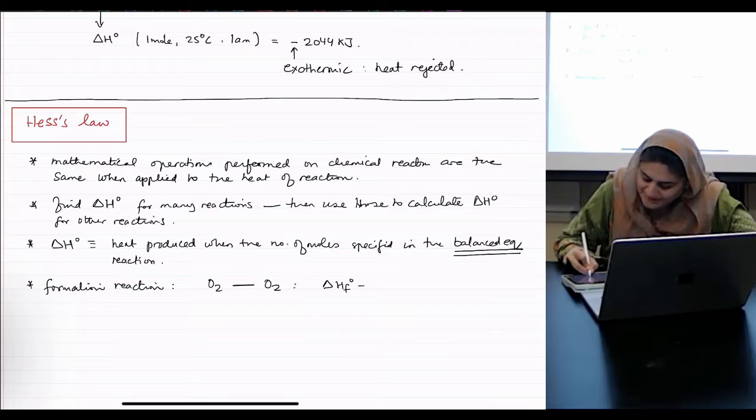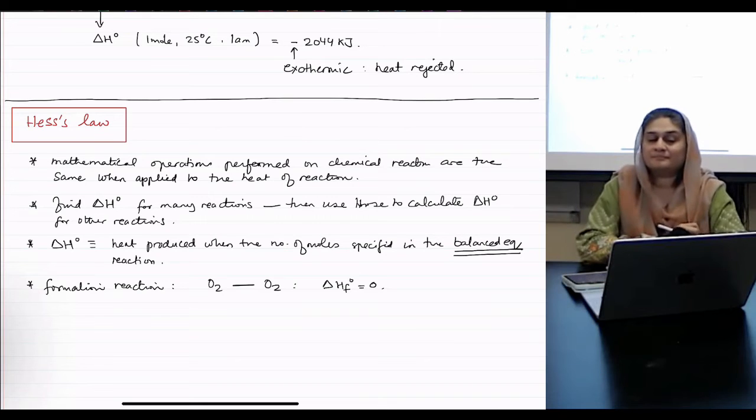What do you think delta HF will be? Zero. Depends on their state. The gas to gas. Zero. Done. So if they are in a standard state, beginning and end, delta HF will be zero.